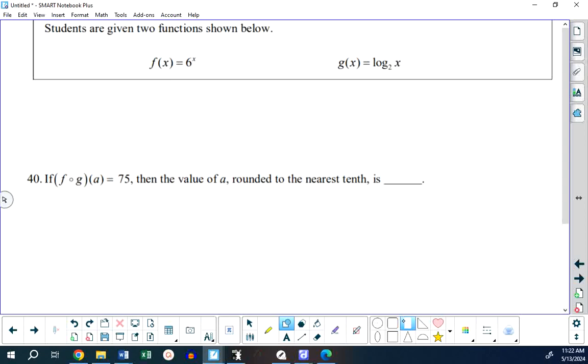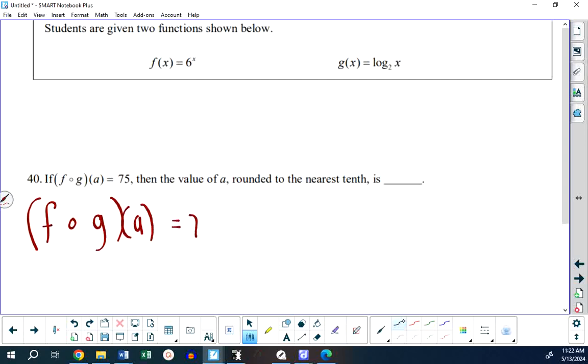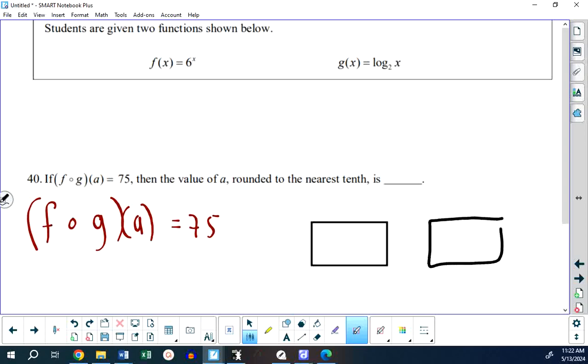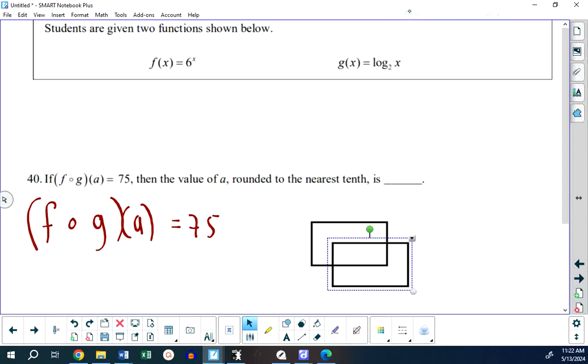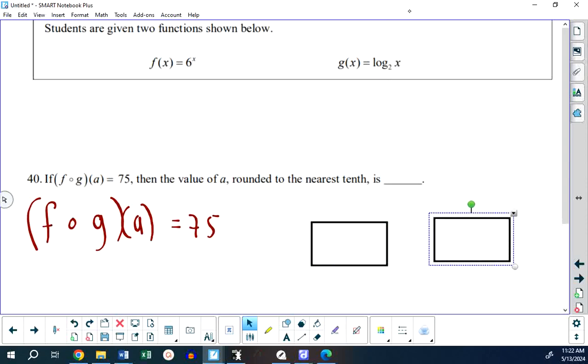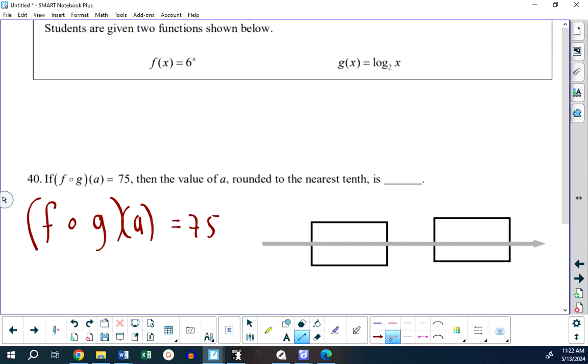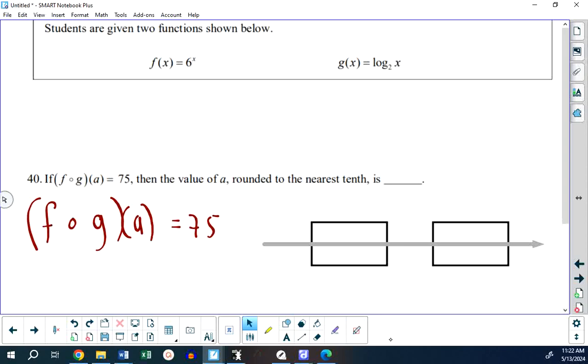There are two ways that you can approach this. First of all, you need to understand that when I say f of g of a is 75, and we write the following kind of schematic that we've been using, where you say, okay, I'm going to run something through one function and run it through the next function as well, most times the thing that goes in at the very beginning is known to you.